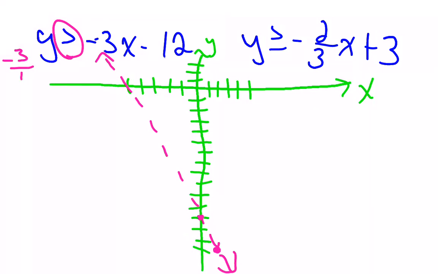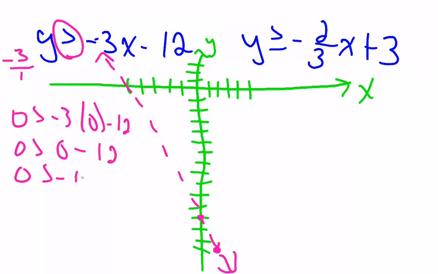Again, we have to pick a point that's not on this line or inequality so that we can see which side to shade. 0, 0 is always my favorite. So we'd have 0 is greater than negative 3 times 0 minus 12. So we have 0 is greater than 0 minus 12.